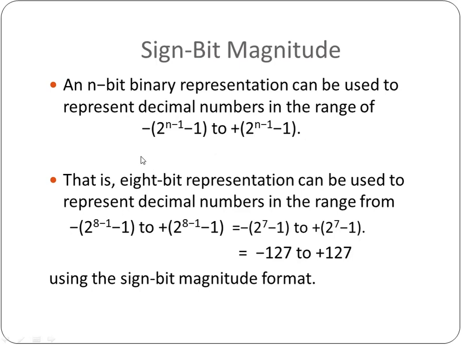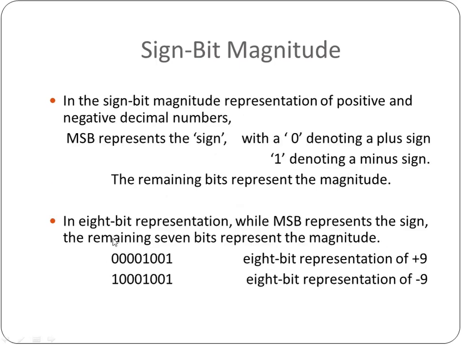Suppose in the previous example we have seen, this is an 8-bit representation. So n is 8. So the first number will be 0, 0, 0, 0, 0, 0, 0, 0. Okay, so this will be the first positive number. The last positive number will have MSB 0 and all bits will be 1, 1, 1, 1, 1, 1, 1.